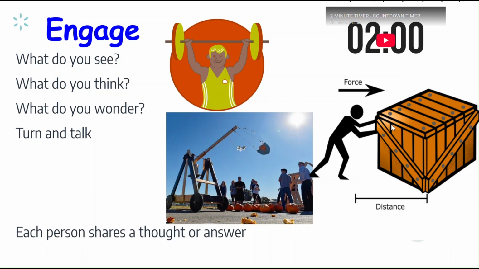So if we apply a force, we might be able to move something. Right here, I have a trebuchet. We are throwing pumpkins. These are all pumpkins that are in the trebuchet, and it's a machine that's being used to send pumpkins somewhere.